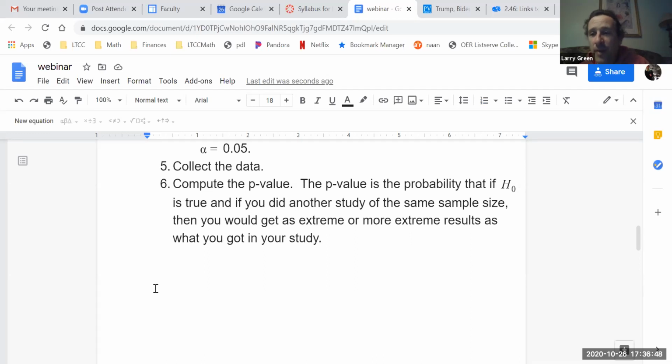If I flip a coin 100 times and I get 99 heads, what would you say? And let's say we were playing a game, and every time I get a head, I get $1 from you.